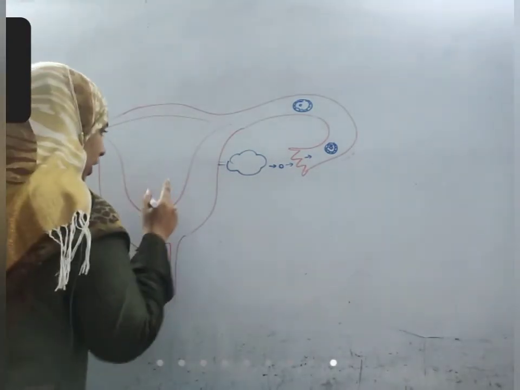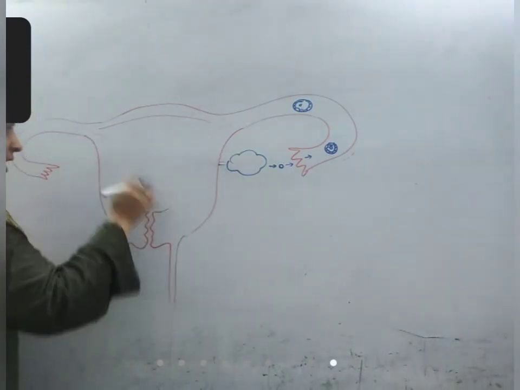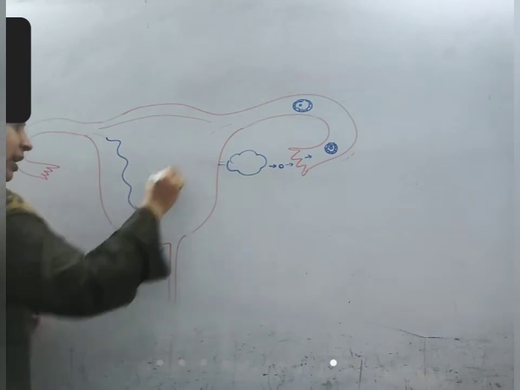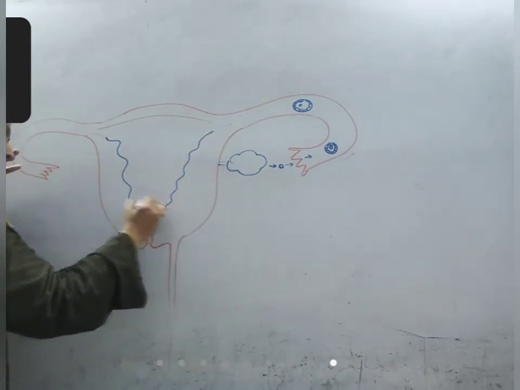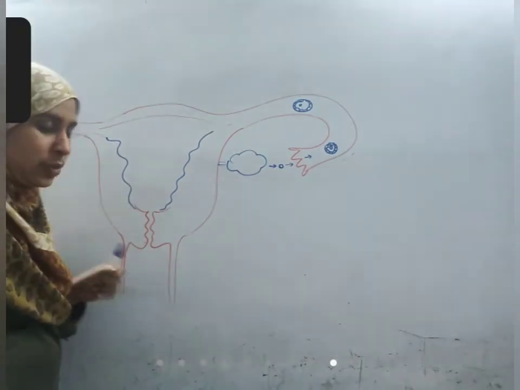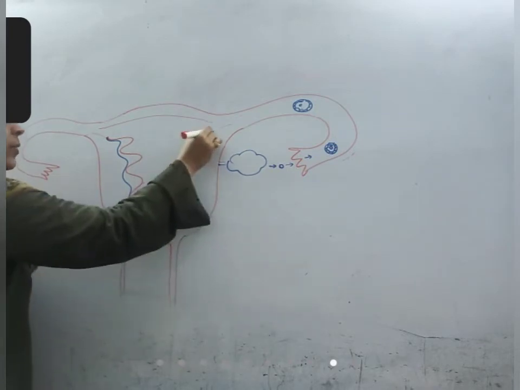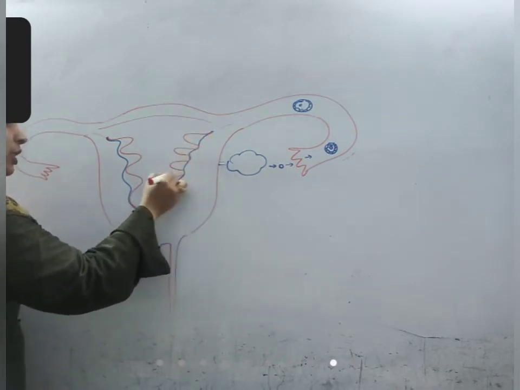And what are the changes that happen in the uterus during this menstrual cycle? I told you the inner endometrium has several folds to increase the surface area. This layer gets thickened, it becomes thicker like this. Why should it become thicker?